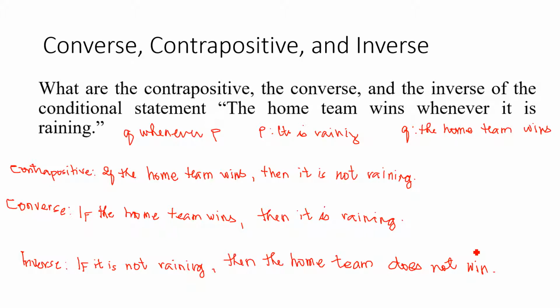So these are the contrapositive, the converse, and the inverse of the statement the home team wins whenever it is raining. Remember that the given statement is Q whenever P, where P is it is raining and Q is the home team wins.